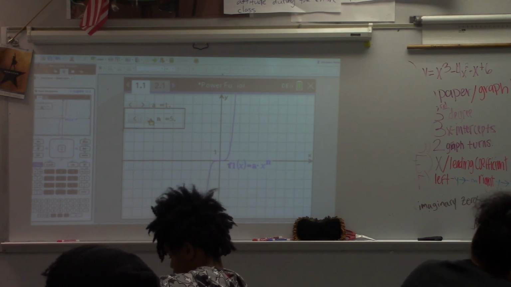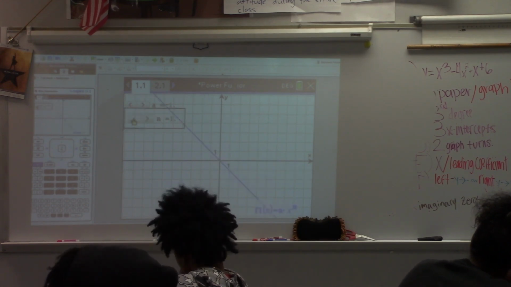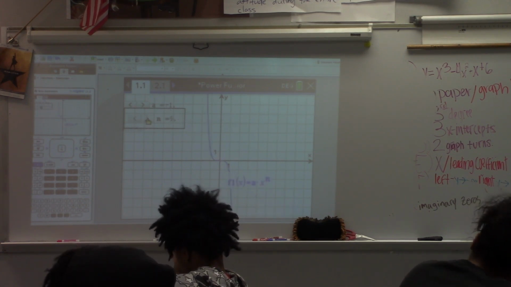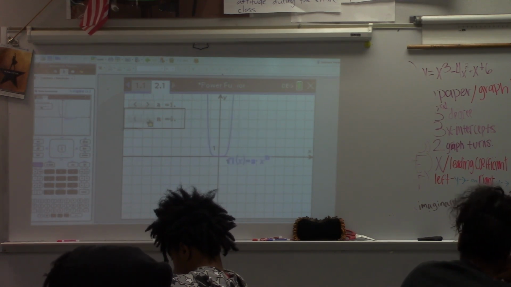Okay? So now let's look at A. If I change A to a negative, does that still follow the same pattern we saw earlier? Still different directions, but notice like a negative slope. Okay? So now here's an even degree. Do we still see the same pattern? If it's even degree, the end behavior is the same.